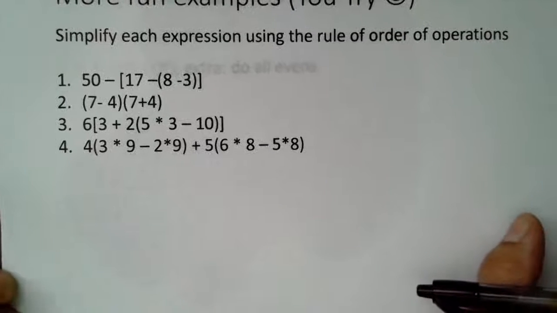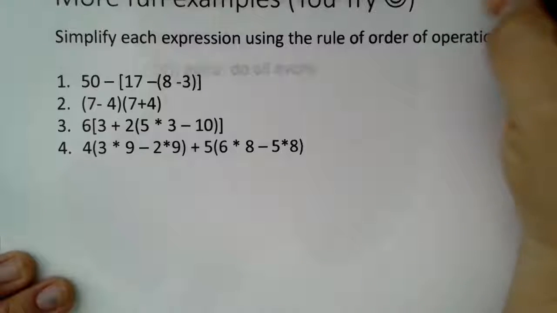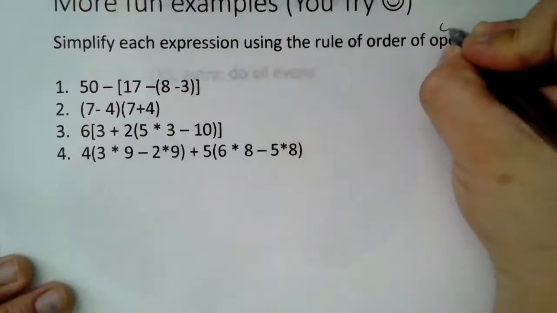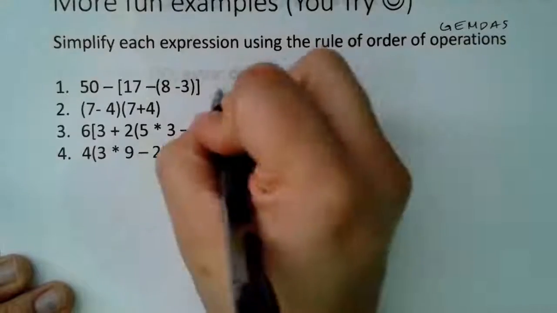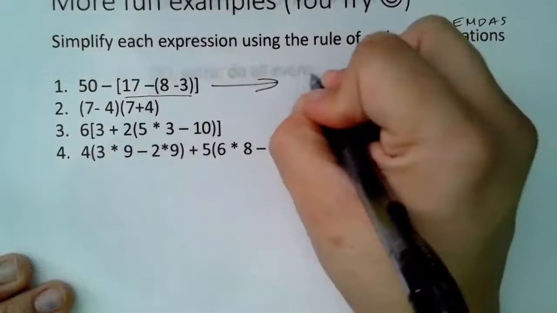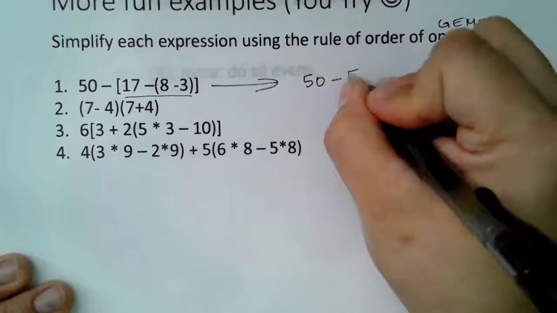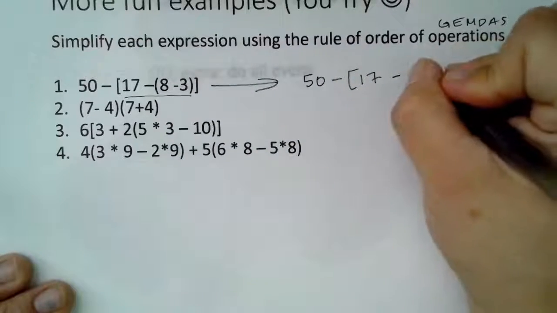Let's do some. Simplify this expression using the rule of order of operations, so we're using GEMDAS. Grouping symbols first, so that would be this. We would write 50 minus, and then we have 17 minus 8 minus 3 is 5.